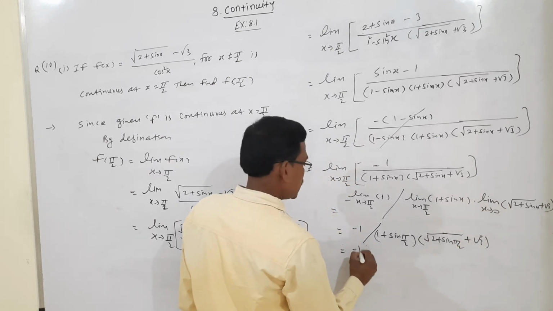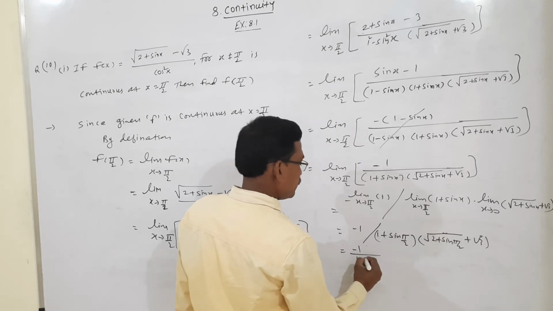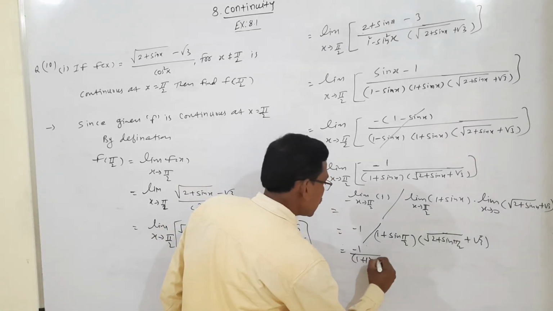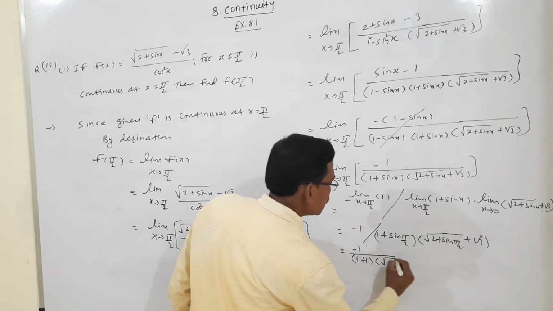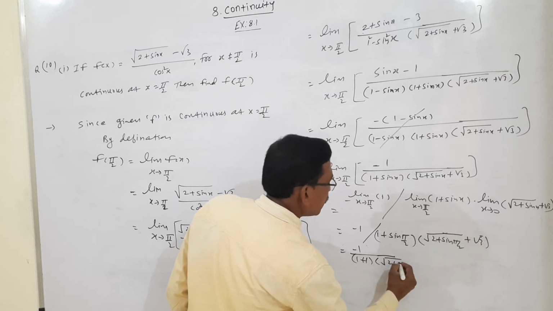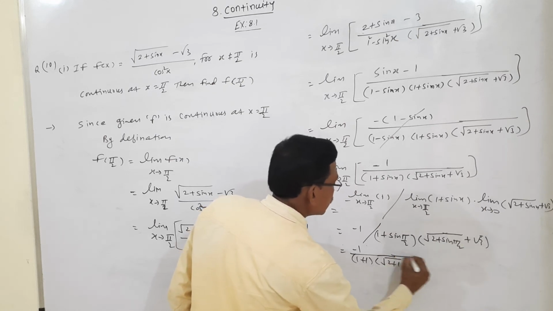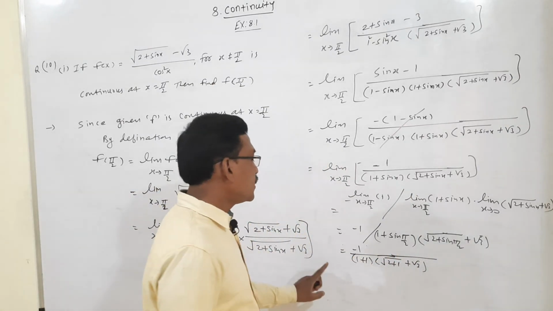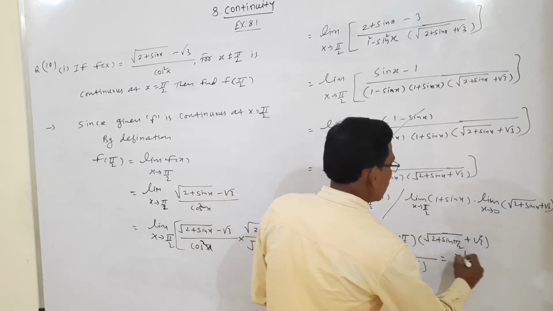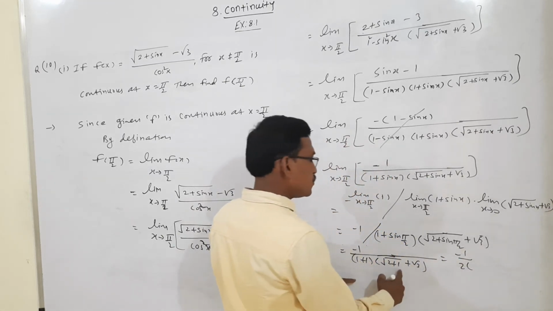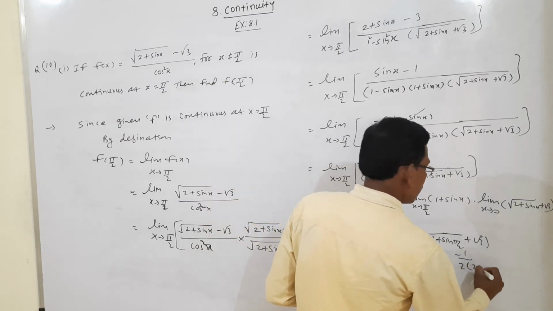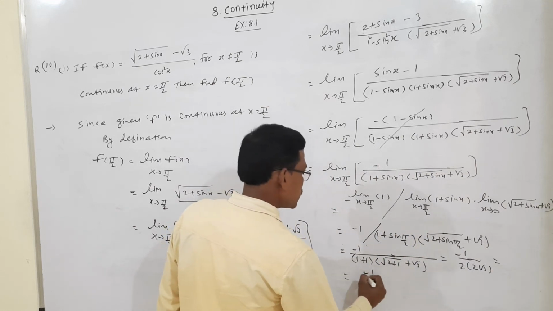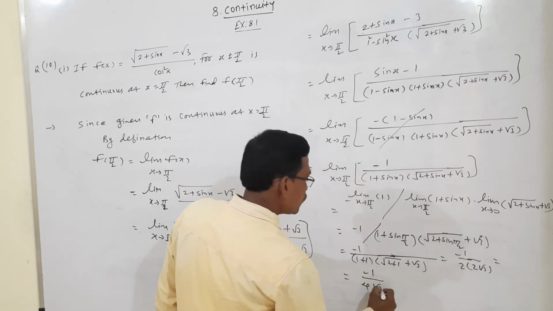And so therefore it is minus 1 upon 1 plus sin pi by 2, which is sin 90, that is 1, so 1 plus 1 in the first bracket, and in the second bracket 2 plus sin pi by 2, that is 2 plus 1 is 3, root 3 plus root 3, and 1 plus 1 is 2. So minus 1 upon 2 into root 3 plus root 3, which is 2 root 3. And so the final answer is minus 1 upon 4 root 3.